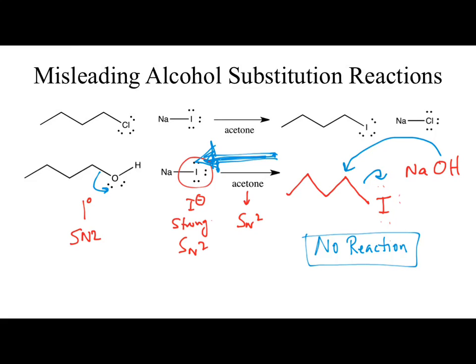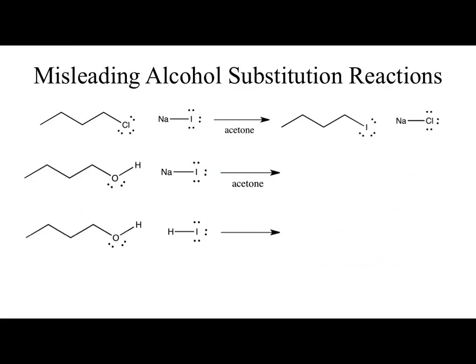Make sure I push the buttons in the right sequence here. So what we're going to do is instead of adding sodium iodide, where that sodium can't help the oxygen out, we're going to add HI. We are going to again go back and think phase tests. Alcohol versus HI. Which of those are you more concerned about?